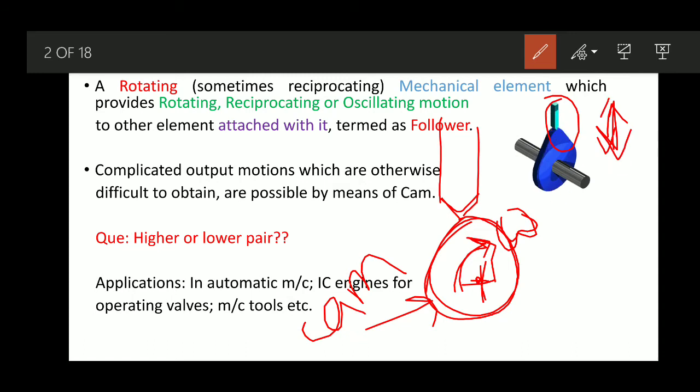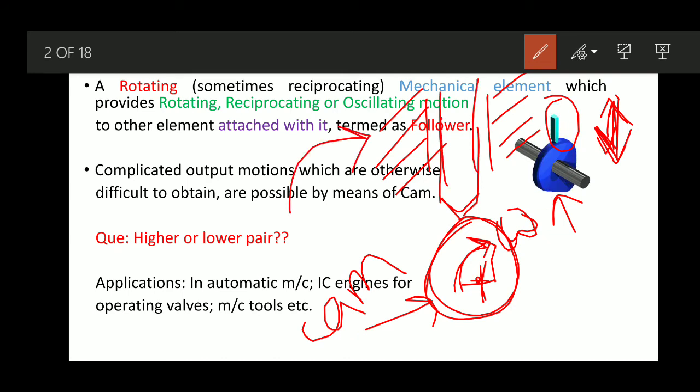So it is getting the motion from the cam. In practice, this follower motion is basically guided, so it is constrained to move only along a particular direction. So generally we have a guide here, or the frame.